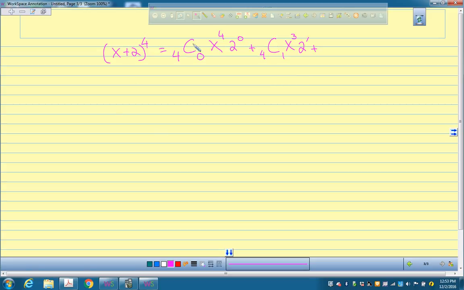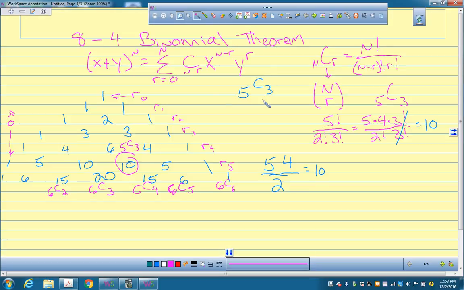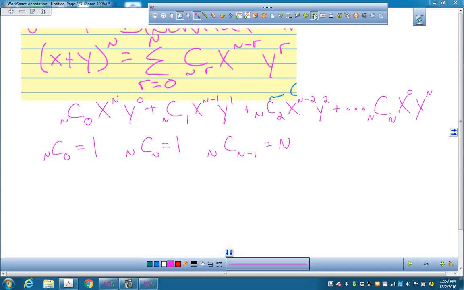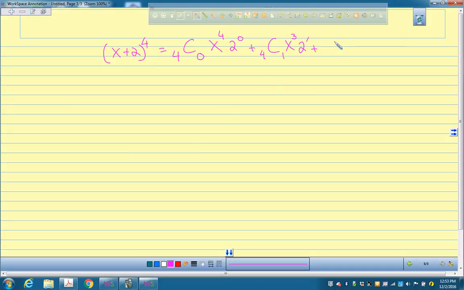So 4 combination 0, 4 combination 1, that's a number which I'll show you how to get on your calculator too, but it's a combination. That's what C is.